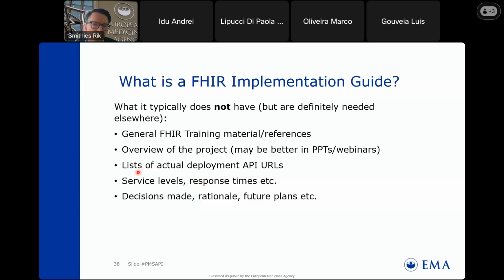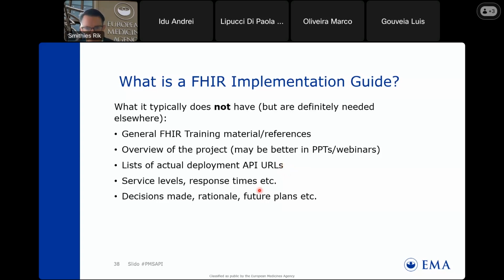It also will not probably have the actual final URLs that you have to go to when you're finally deploying your data. So we define the API and some of the API endpoint URLs, in fact, but not the final one with the actual full URL on it, if you know what I mean. So we give you the end part of the URL, but not the actual HTTPS and whatever it might be.